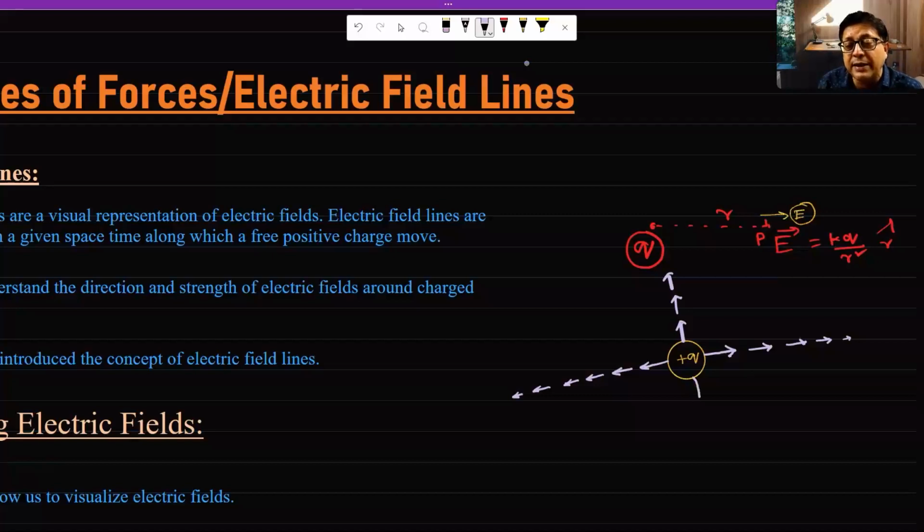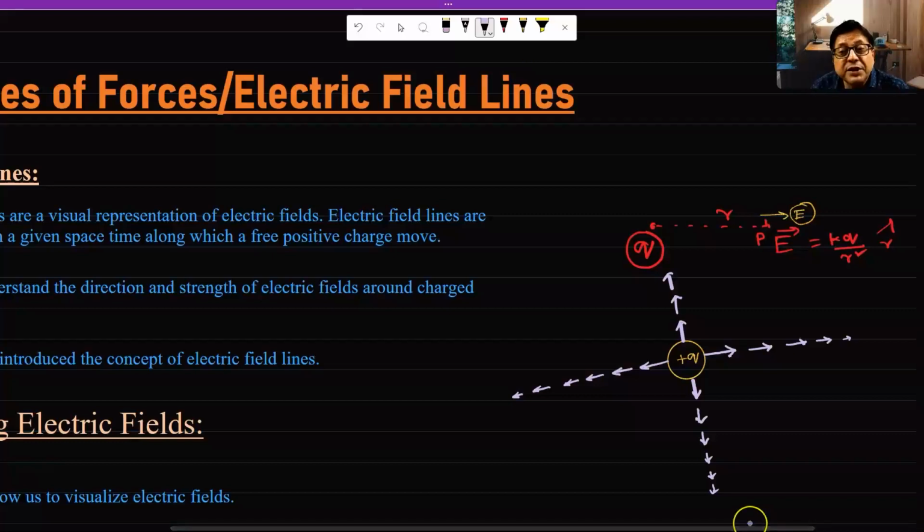We have just taken one charge, which is Q. So let us take 4 electric field lines, obeying Faraday's rule. If we go far away, the length of the arrow is going to be reduced. Finally, if we join all these arrows, we get an electric line of force.